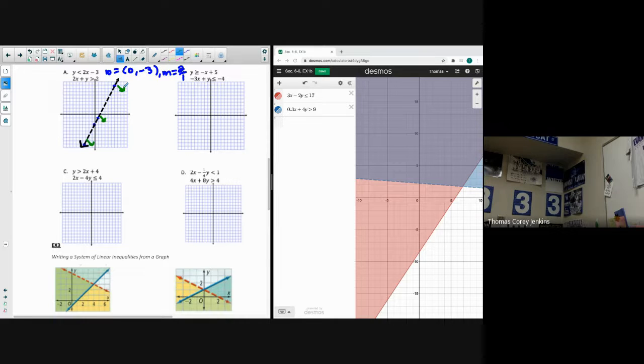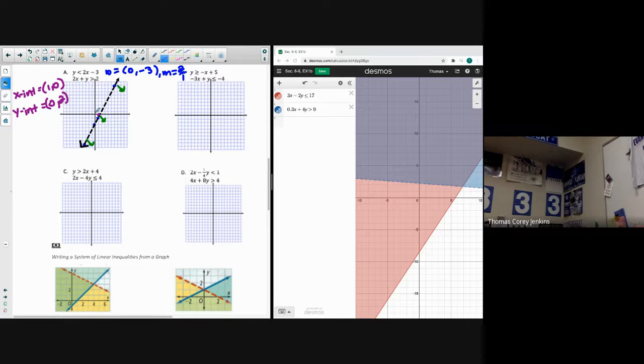And then our other boundary line, we're going to use intercepts. So my x-intercept is going to be 2 over 2, which is 1. So it goes through 1, 0. And my y-intercept is going to be 0, and then just 2 over 1 is 2.